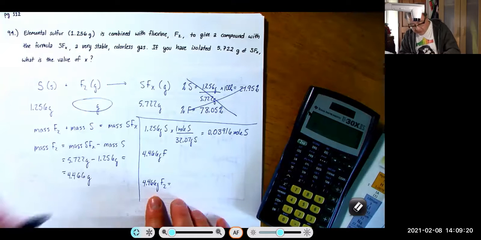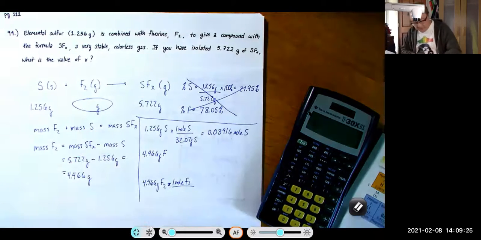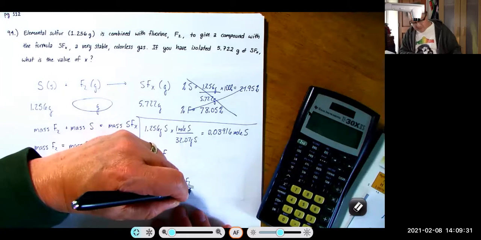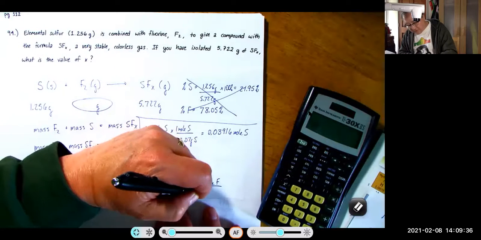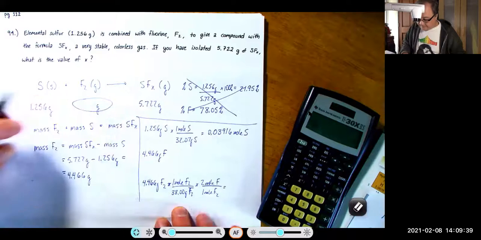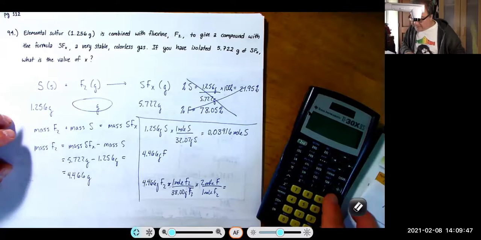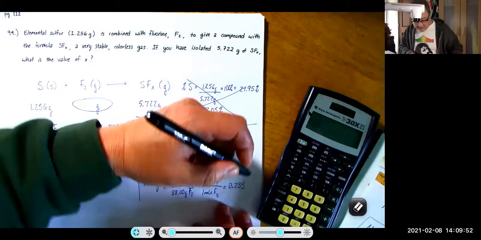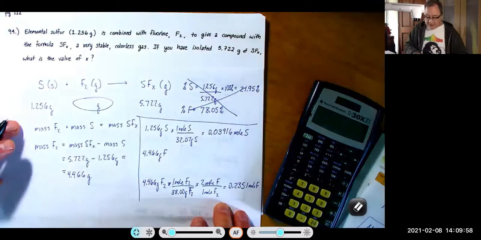For F2, I know that there's 1 mole of F2 per 38.00 grams of F2, and I know there's 2 mole of fluorine per 1 mole of F2. And I get 0.2351 mole of fluorine.